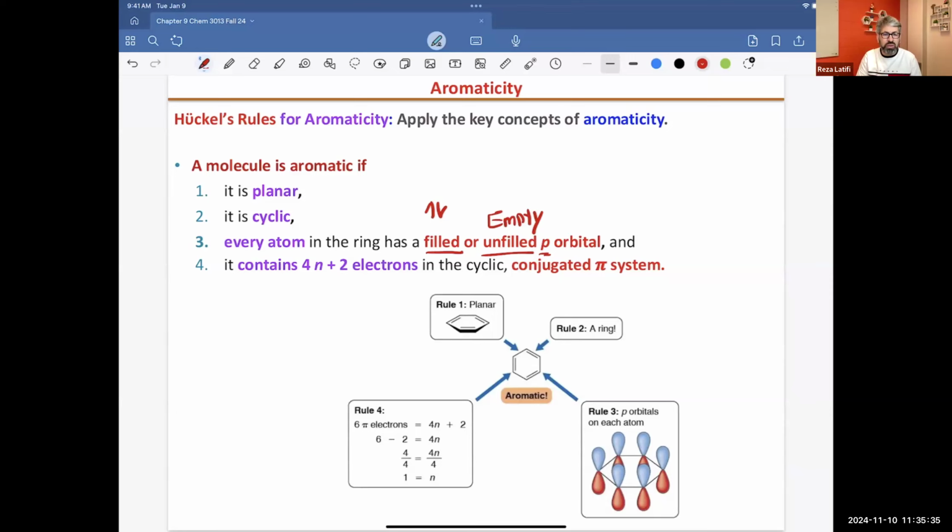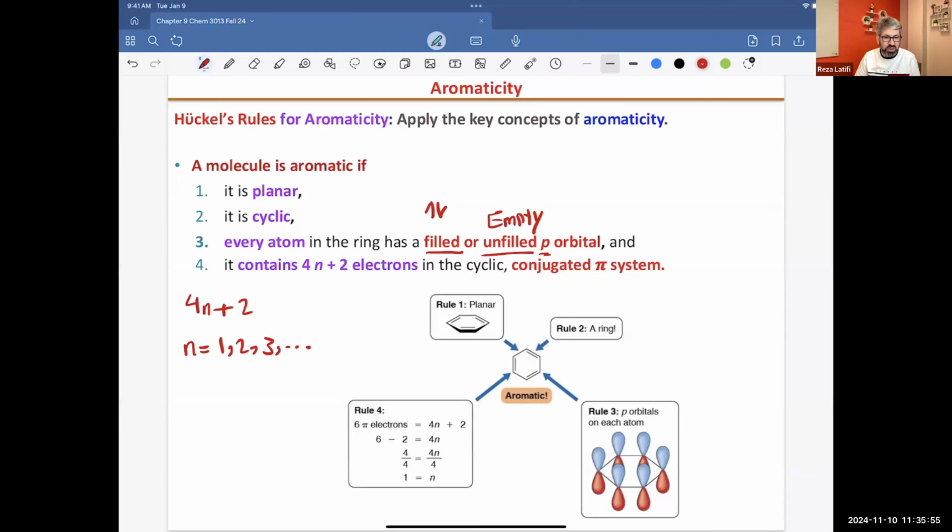And then the number of electrons follows 4n plus 2. If the number of electrons follows this formula, then your compound will be aromatic. What's n? It has to be a whole number: it can be 1, 2, 3, and go up.